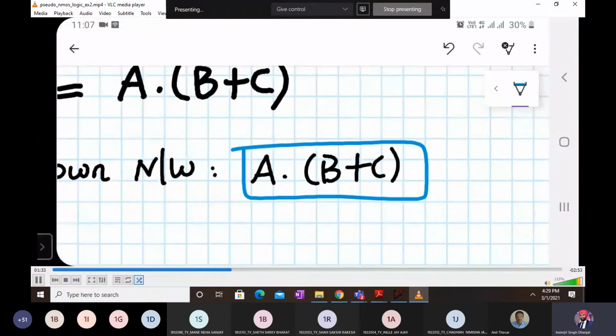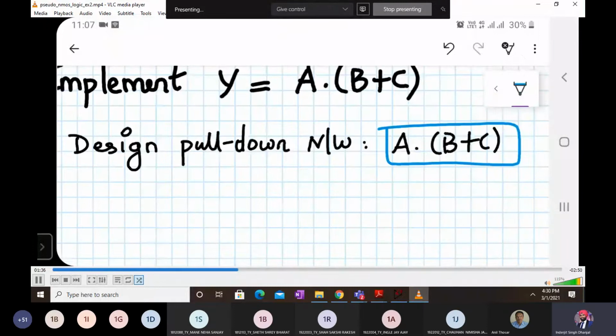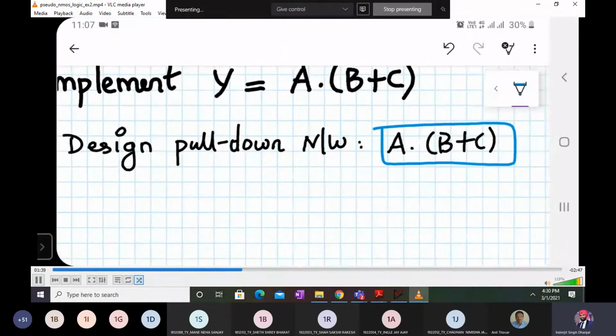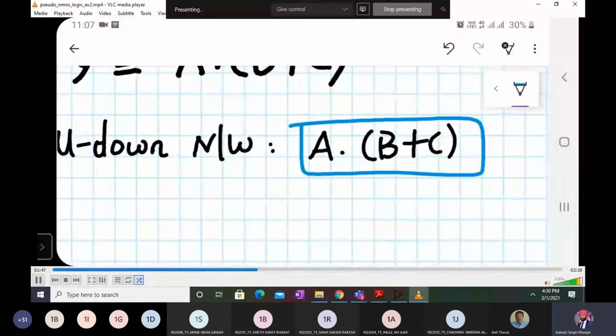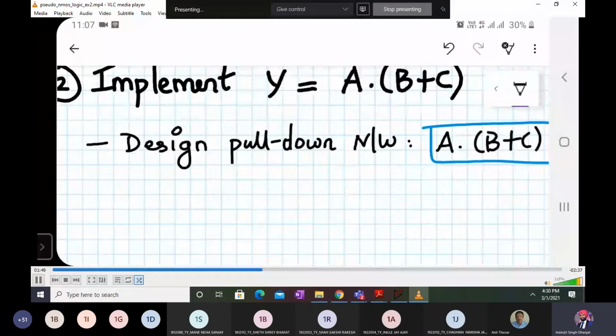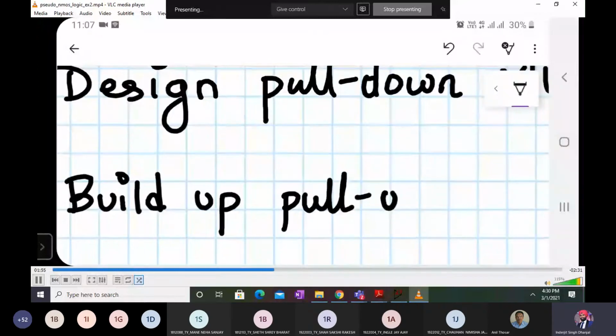Sorry, it's a pull down network. There will be two NMOS transistors with inputs B and C in parallel, and this combination will be in series with the NMOS transistor with input A. Okay, and then next we build up the pull-up network.